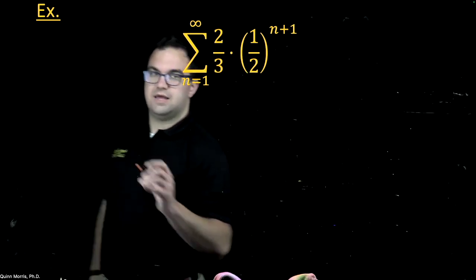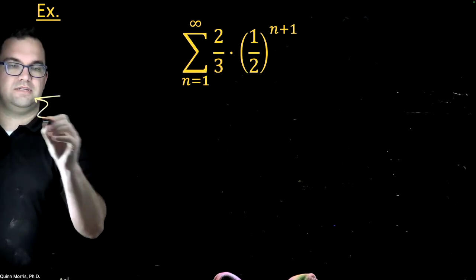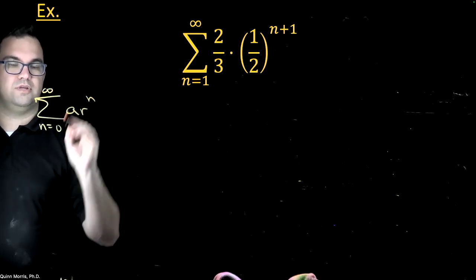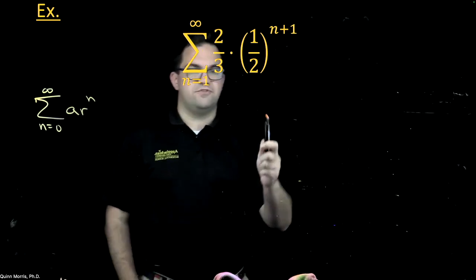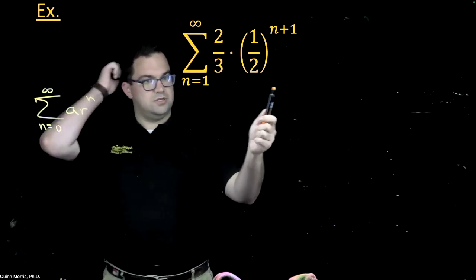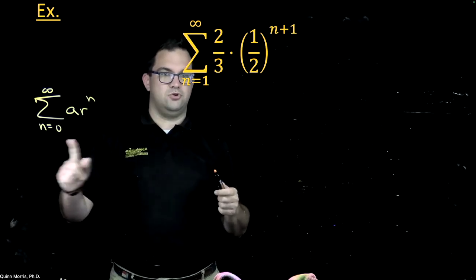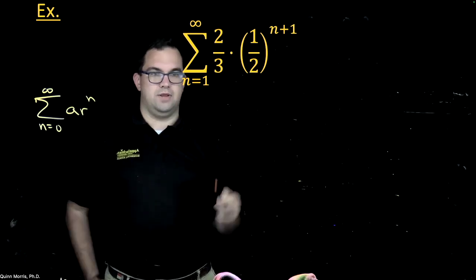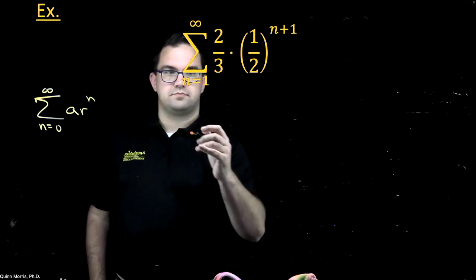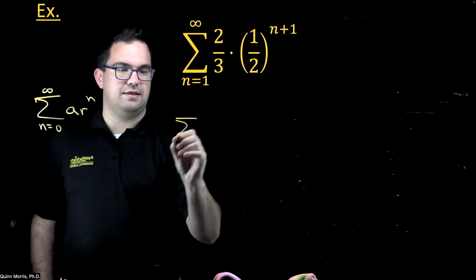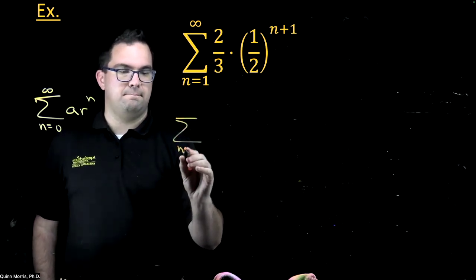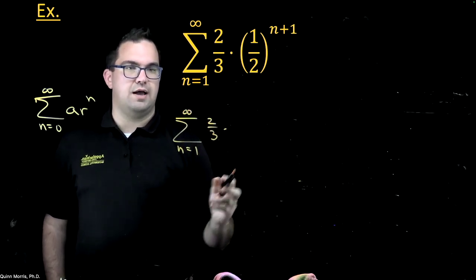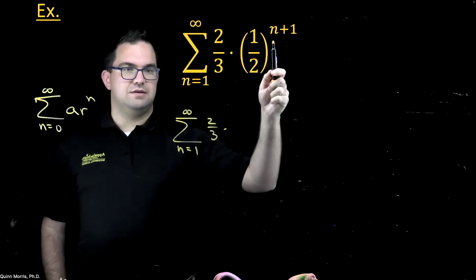Now, the results that we know are for series of the form n equals 0 to infinity of A times R to the n. So what we would like to do is first do a little manipulation to this series, and then see if we can use this to help us figure this out. The first thing I'm going to deal with is the exponent piece. I can think of this as the sum n equals 1 to infinity of 2/3 times... Now, I don't like that that's n plus 1.